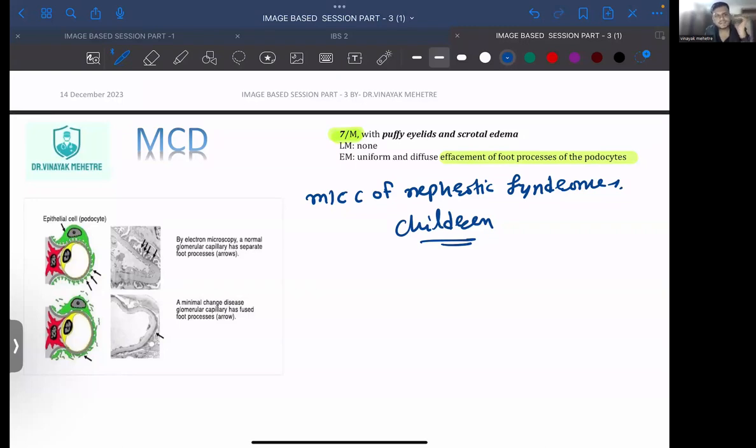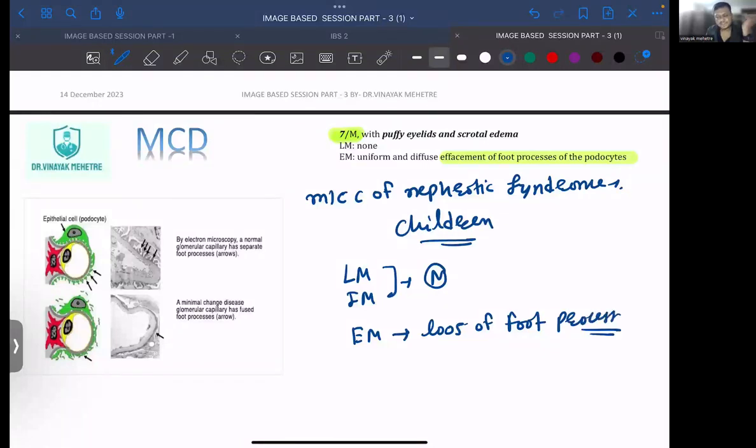The lighter version will be present in our light people, that is children, right? On light microscopy and immunofluorescence this will be normal. On electron microscopy, what we are going to see is loss of foot process.